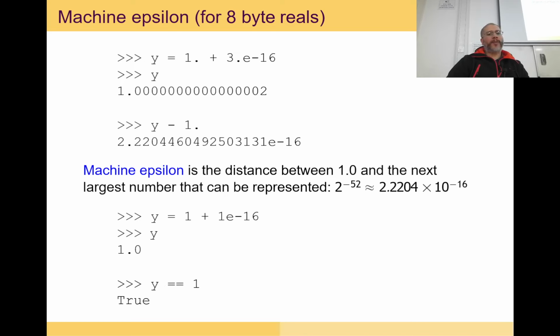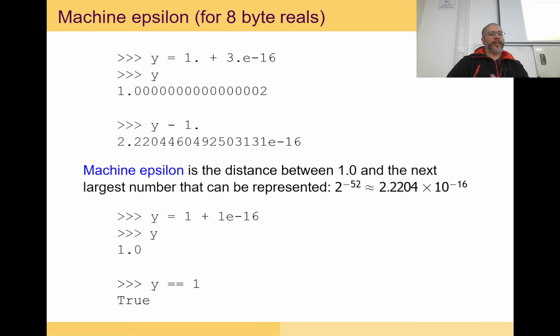Another way to do it is if you add 1 times 10 to the minus 16 to the 1, like you have here, then the closest representation is actually 1, because if you round this 1 times 10 to the minus 16, that actually rounds to 0. So in that case, if you subtract a 1 from that again, you get a 0, exact 0.